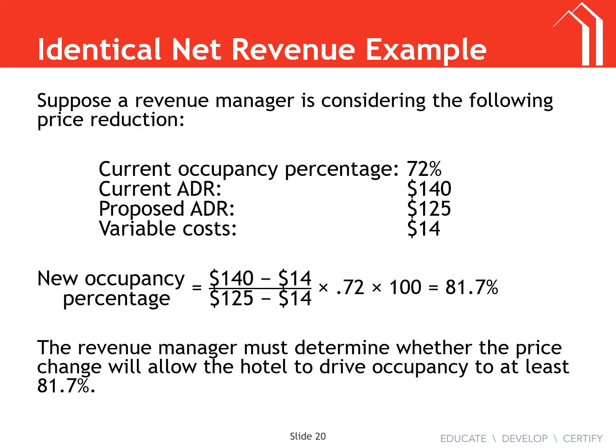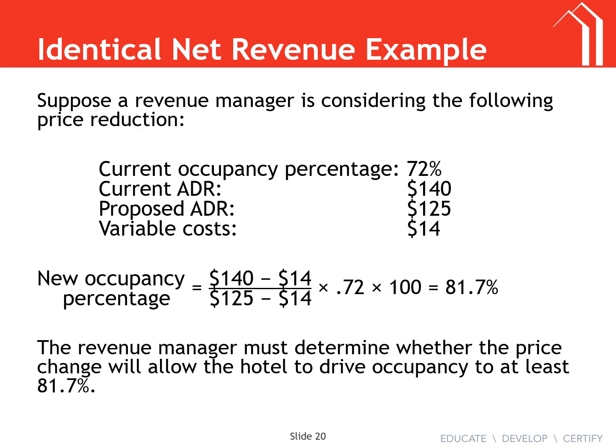So in order to maintain the identical net revenue in this scenario, I have to increase my occupancy percentage by almost 10%. That's a big drop in rate. That's if we drop in rate, yeah. So if I drop in rate and my occupancy starts increasing, what am I going to do? I'm going to put that rate back up. Oh, I'm starting to attract people now. Maybe I'll go up to 130. Maybe I'll go up to 135.